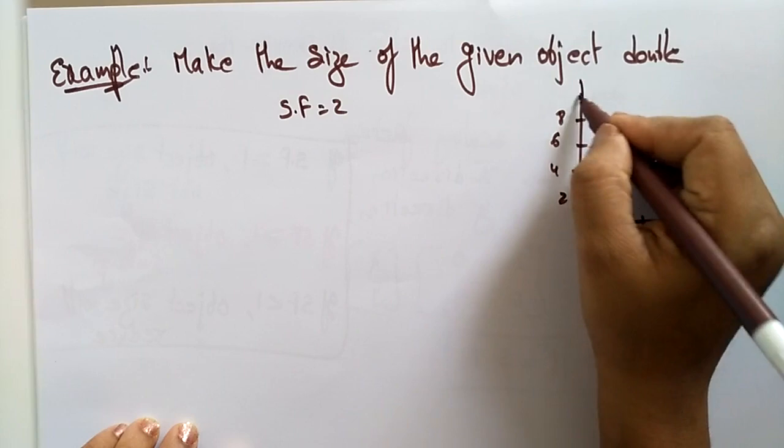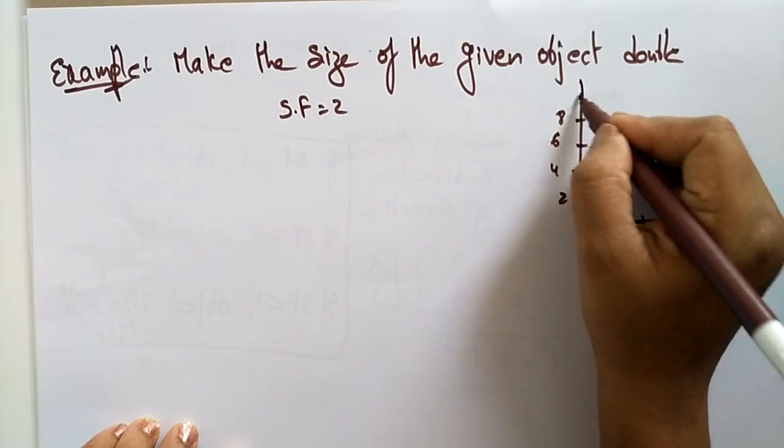You get the coordinates 4, 4, then 16, 4, then 16, 8, and 4, 8. Did you observe that all the coordinates of the original have become double?